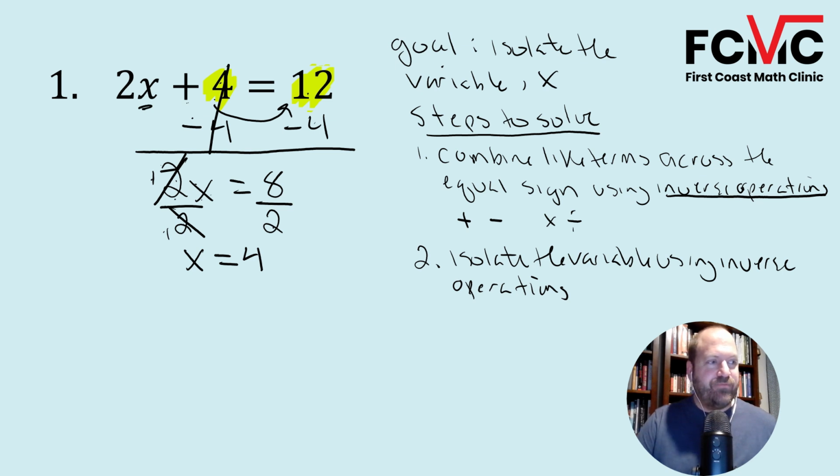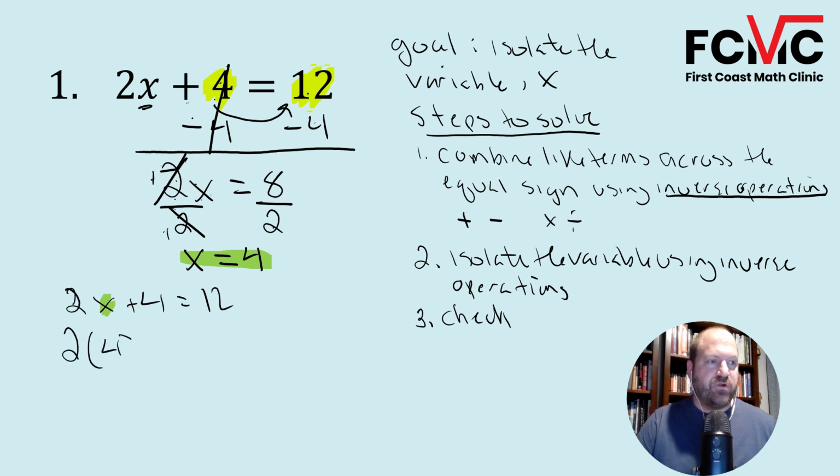My last step that I put in for all these is going to be a check. So my check, I'm going to take the original equation, 2x plus 4 equals 12, and I'm going to substitute the answer back in for x, and our left side and right side should equal each other.